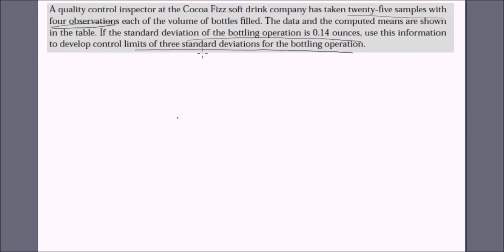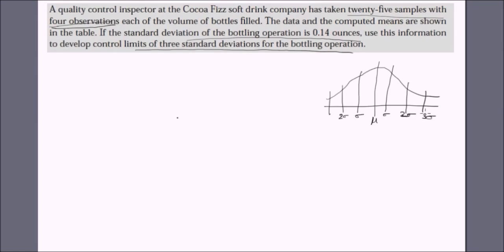Now, what is this 3 standard deviation? Well, we know that in a normal distribution, if this is the mean, and if we go 3 sigma on, that is 3 standard deviation, sigma stands for, this is 1 sigma minus, this is 2 sigma, this is the mean, 2 sigma and 3 sigma.